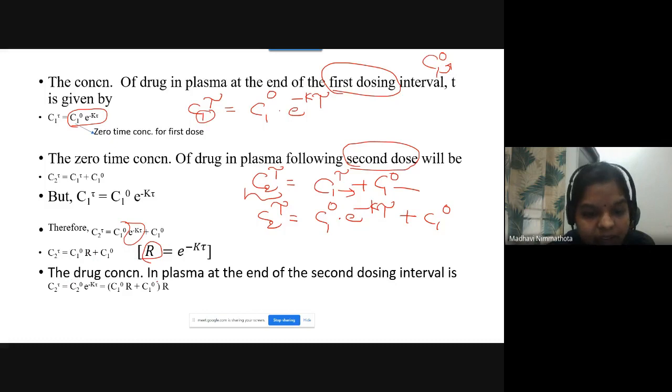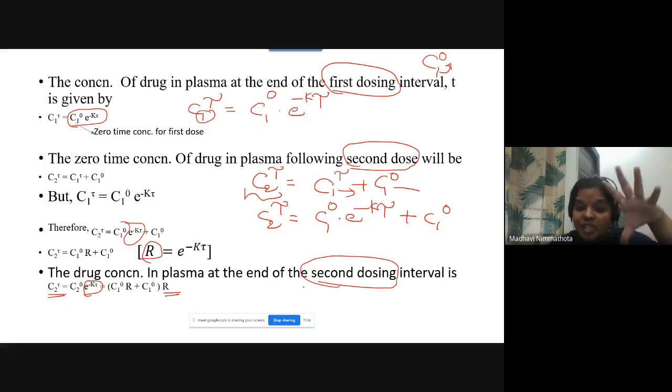The drug concentration in the plasma at the end of the second dosing interval is C2 tau, C20 e to the power of minus Kt. Then we have C10 R, so e to the power of minus Kt is nothing but R. Here we are calculating the plasma drug concentration at the end of the second dosing interval, C2 tau.